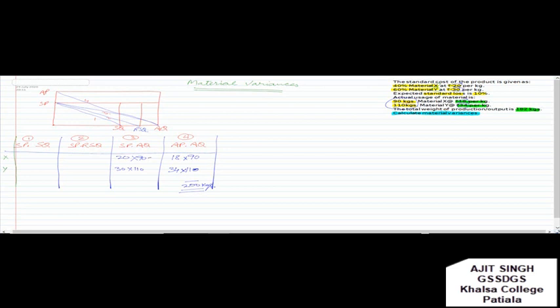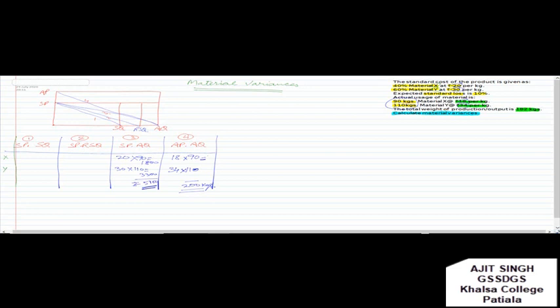We can calculate. It comes to be 1800, it comes to be 3300, and total comes to be rupees 5100.